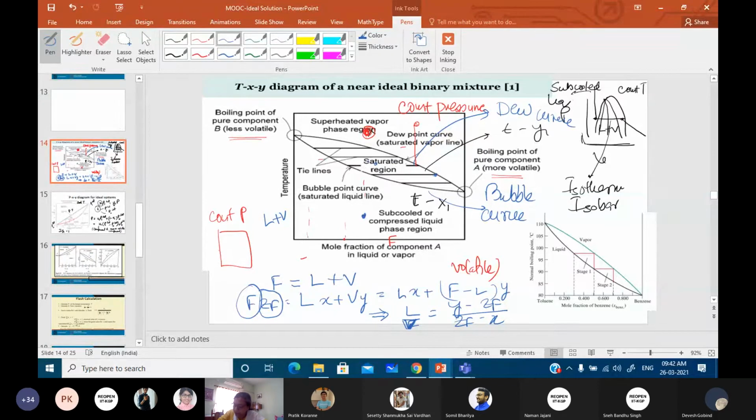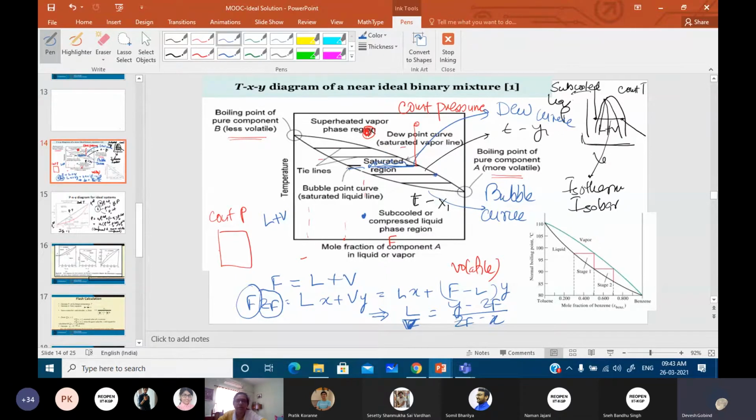So therefore, how much liquid will be there and how much vapor will be there, that will be denoted by the length of this arm to the length of this arm. So as we go up, we find that the length of this arm decreases, this arm increases, which signifies that the amount of liquid is decreasing, the amount of vapor is increasing. Fine with you now?